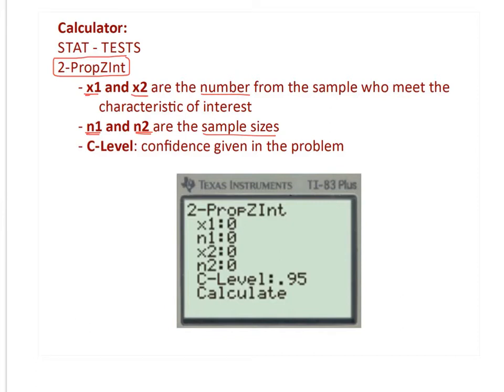This is what your screen should look like if you go to stat, test, and scroll down to 2-PropZInt. You should get this screen.